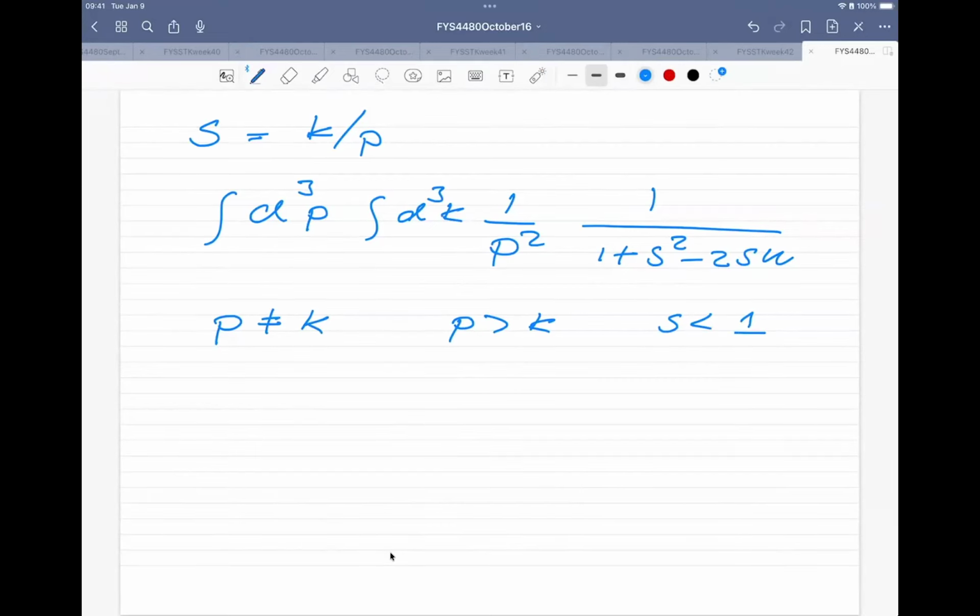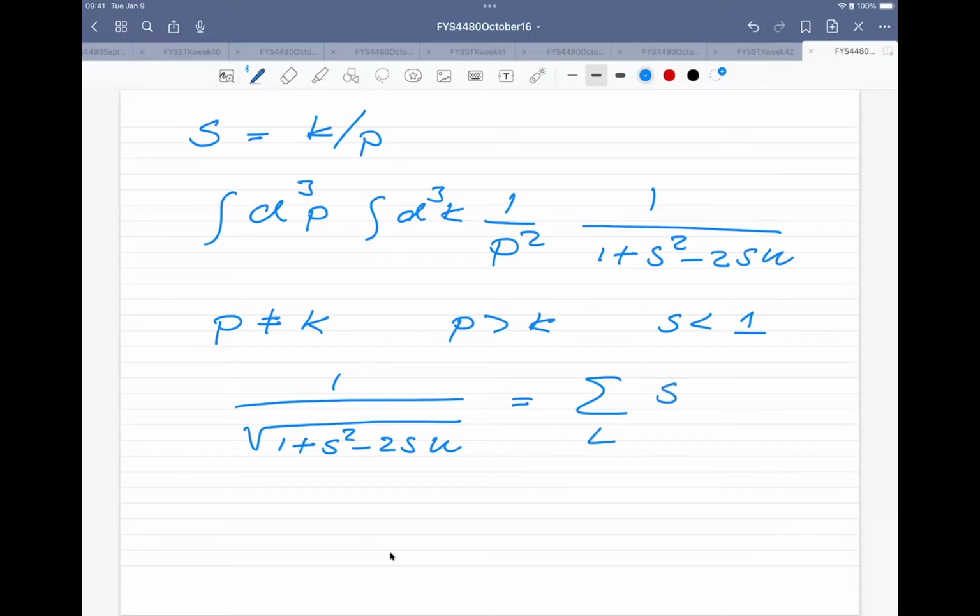Now there is a very important formula which you may have seen. This is one of these generating formulas. So you may have seen this one, 1 plus s squared minus 2 times s times u. This is given in terms of a partial wave expansion. We have L, you have s to the power of L, and then you have a Legendre polynomial, which takes u as an argument.